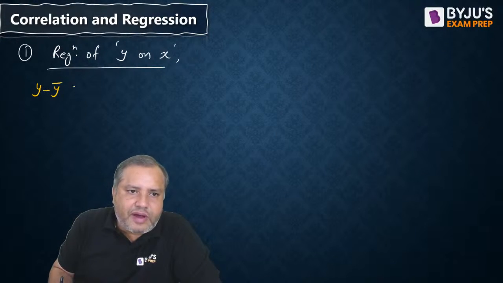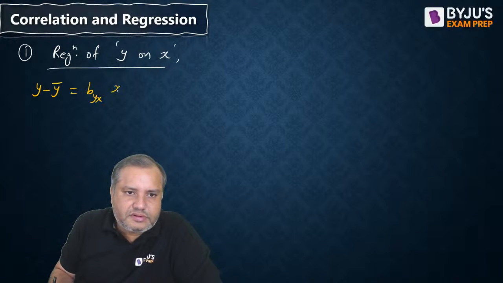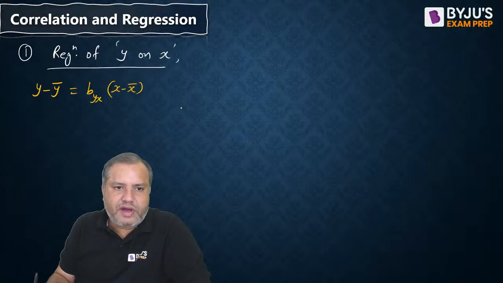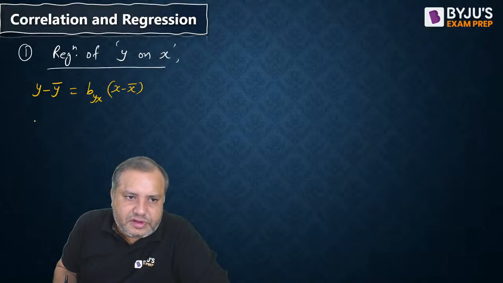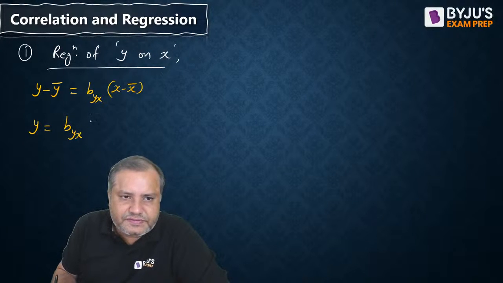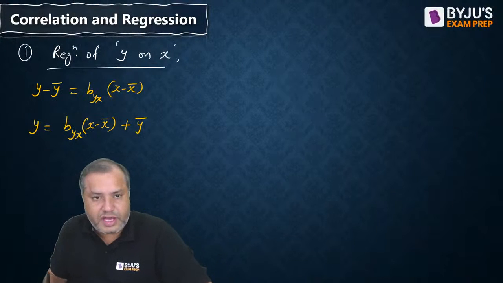Y minus y bar equal to byx into x minus x bar. Now y equal to byx into x minus x bar, and this y bar is brought to the right hand side, plus y bar.